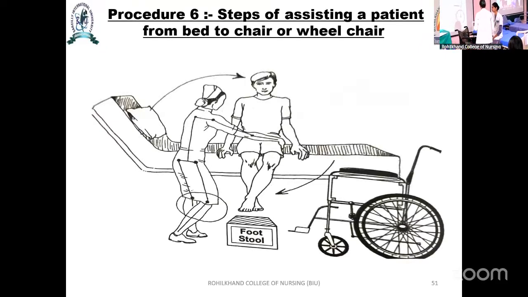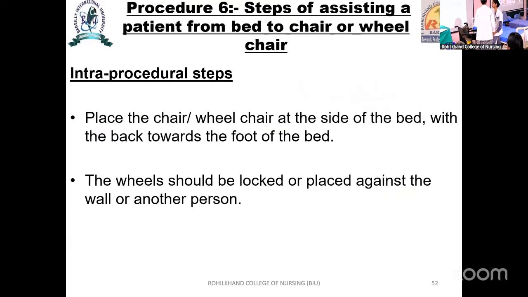In this procedure, we follow the dangling position. So, intra-procedural step: place the wheelchair at the side of the bed with the back toward the front of the bed. The wheels should be locked and placed against a wall or another person.